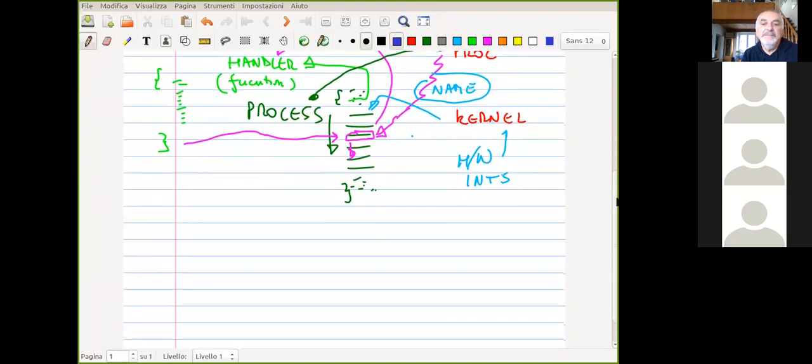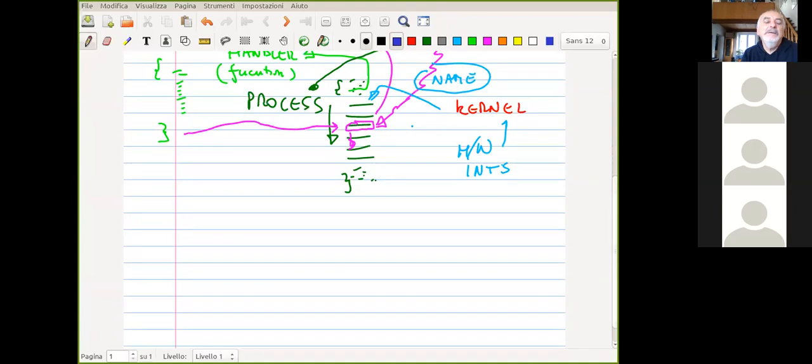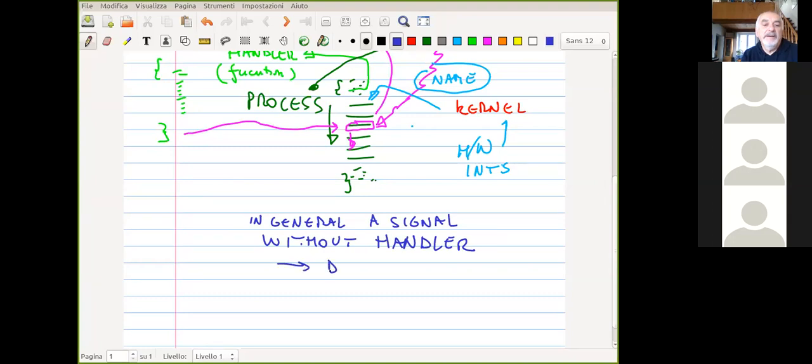For safety reason, the decision in POSIX is that in general, a signal without handler activates a sort of default handler.